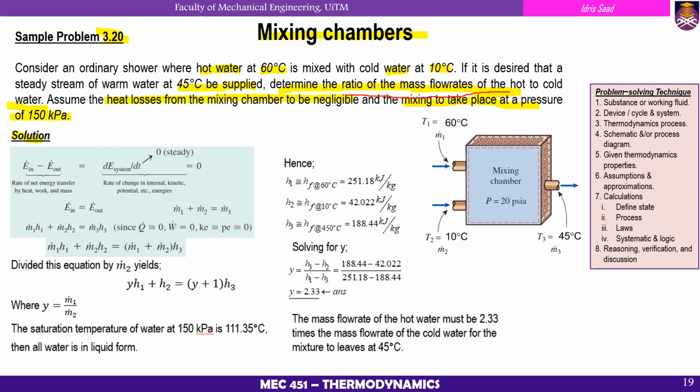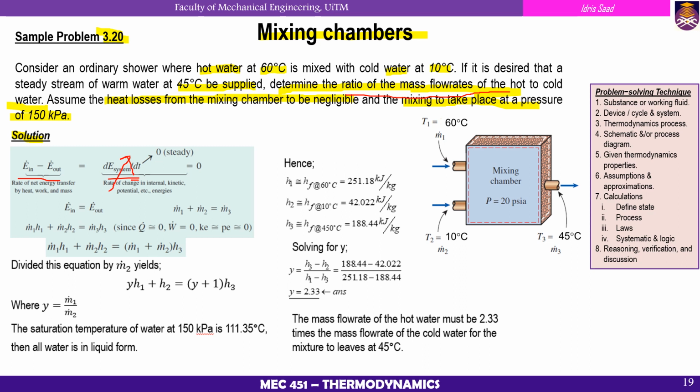So the first thing, we have to establish our equation. Based on the basic principle of the energy balance, energy dot in minus energy dot out is equal to the change of energy of the system. However, this is an open system, a control volume, and steady, so the change of energy of the system is equal to 0.